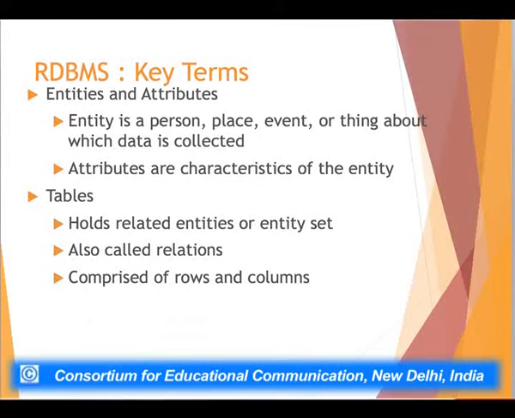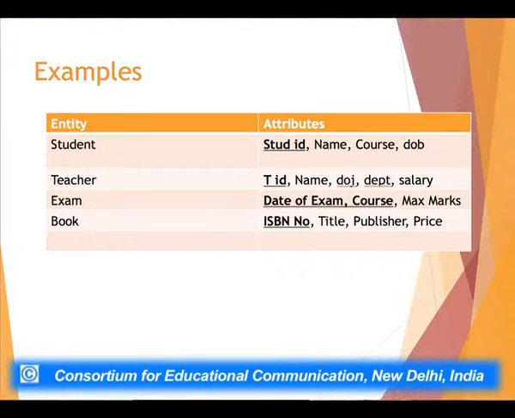Now, the table holds entities or entity sets. These are also called relations. They are comprised of rows and columns. For example, the table here shows the different entities and their attributes.